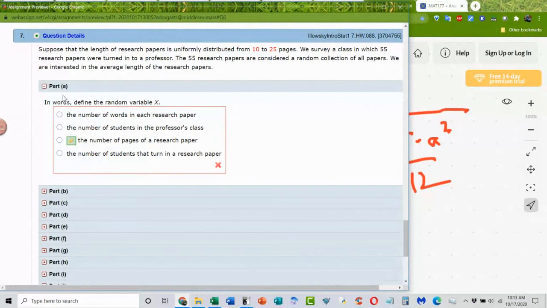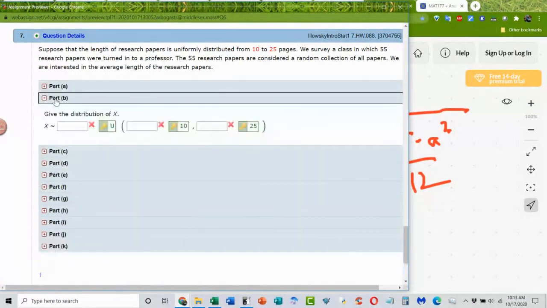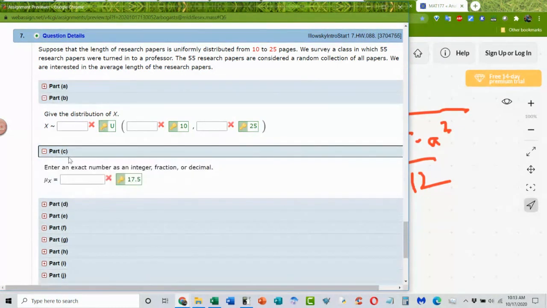So what does x mean and what does x bar mean? What is the distribution? They're uniform, so they use a U. The lower bound, upper bound. So they're telling you 10 and 25. What is the mean? Well, that's just these two things added together divided by 2.